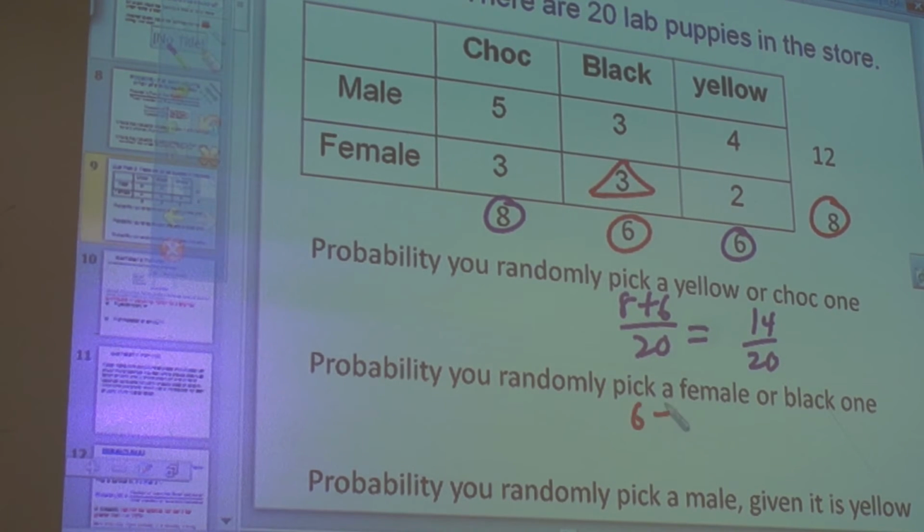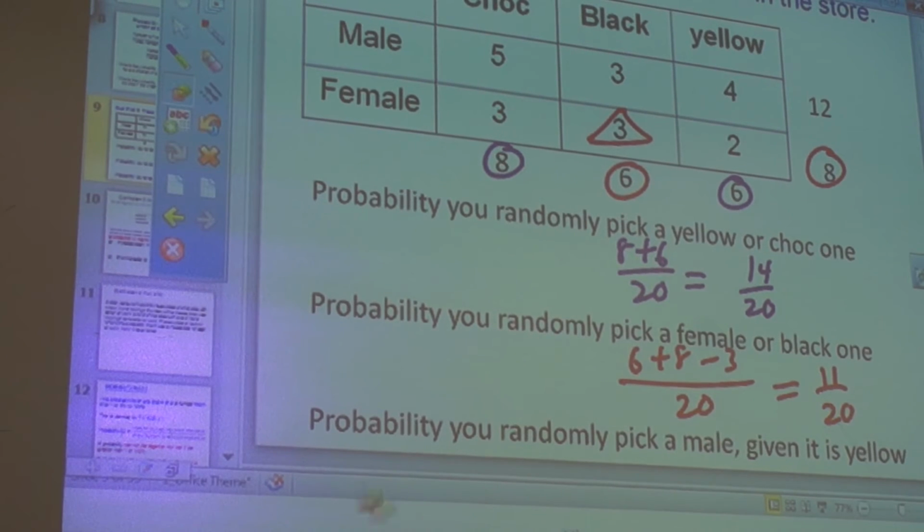So 6 plus 8 minus 3, because that 3 is getting counted in the 6 for black and in the 8 for female, so it's getting double counted. Subtract it off once, so you're only counting it one time. So 6 plus 8 minus 3 over 20, 11 over 20.